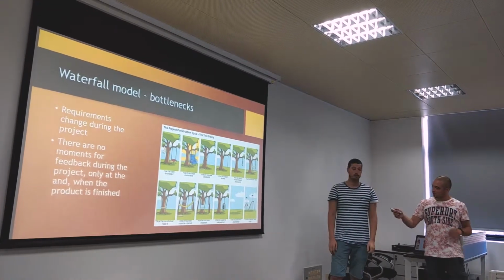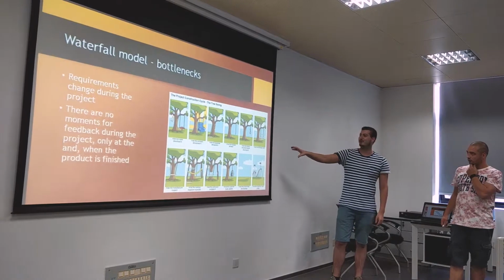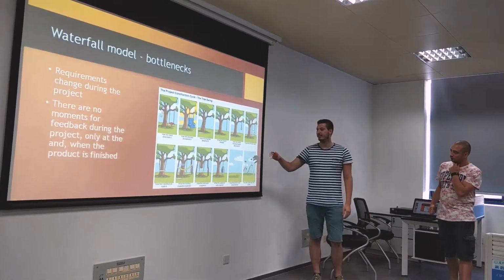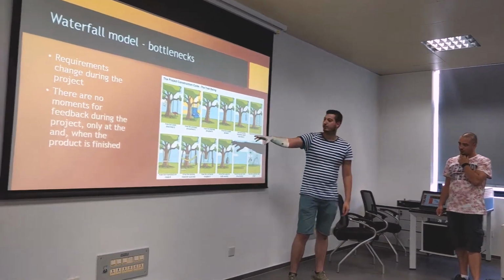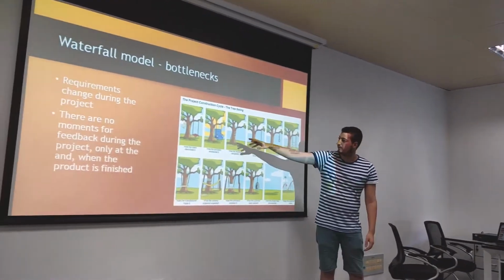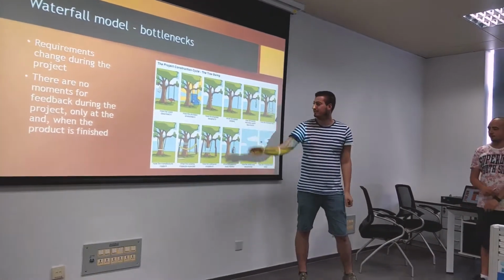This is a very popular picture. What you see here is how the client describes his product: he wants a swing on a tree, very cheap and simple.